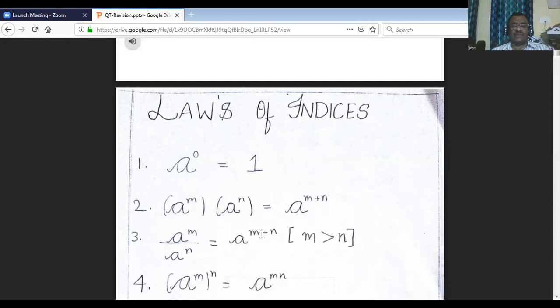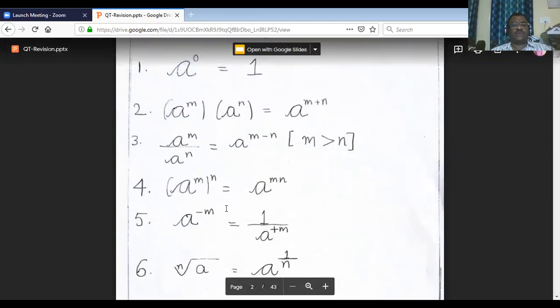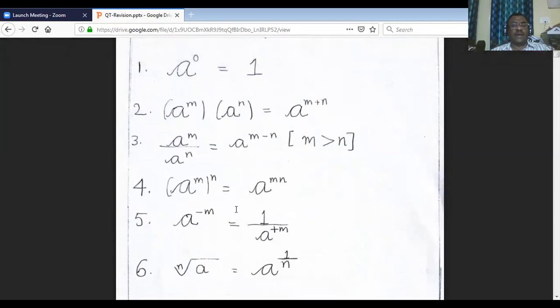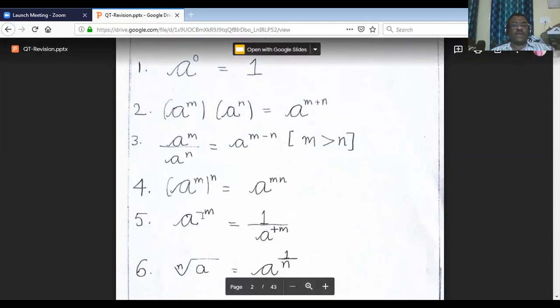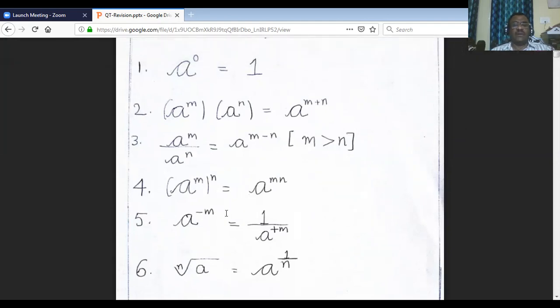The sign changes. Fourth law: a to the power of m whole raised to the power of n is equal to a to the power of mn.